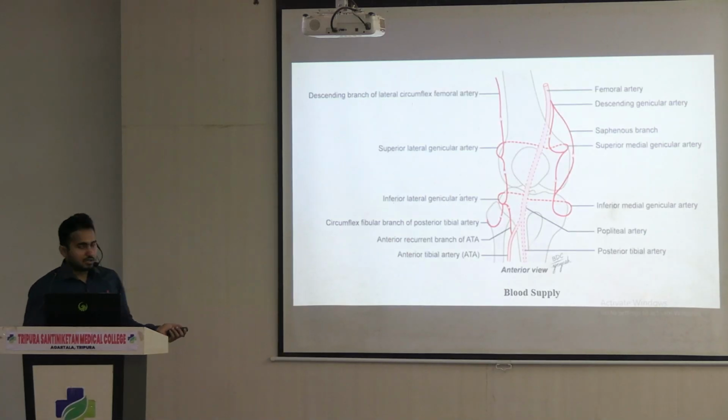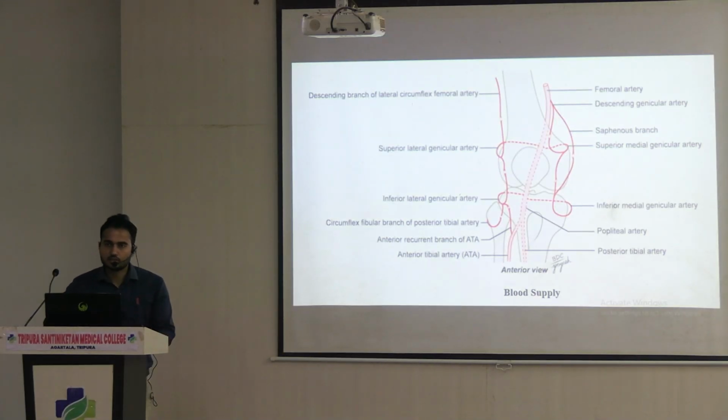Okay, next is the blood supply, very important. Now, I hope you have observed that in most of the large joints present in our body, an arterial circle or anastomotic circle is formed around them. Have you noticed that?